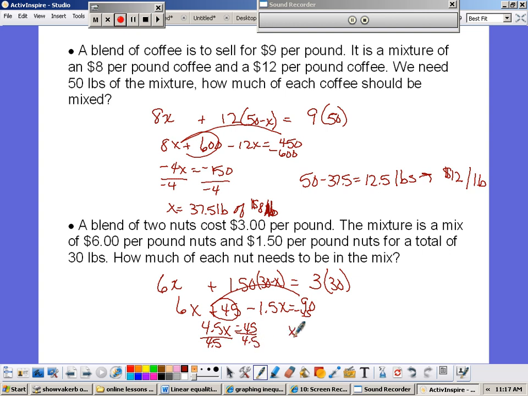X is 10. 10 pounds of my $6 nuts. That leaves me 30 minus 10, or 20 pounds of my $1.50 nuts. Very easy if you keep the pattern going.